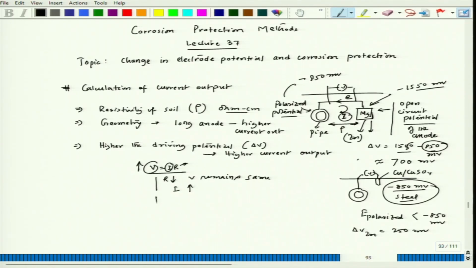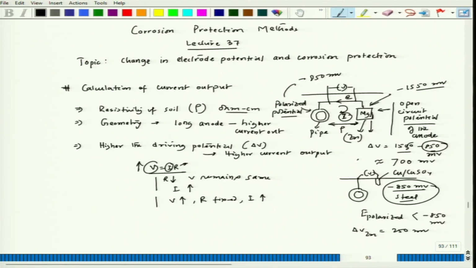So, this is one instance. The second instance is V goes up, R fixed, I would go up. So, in that way we can see that resistivity and driving potential have a direct relation with reference to V equal to IR. That is the basic equation.